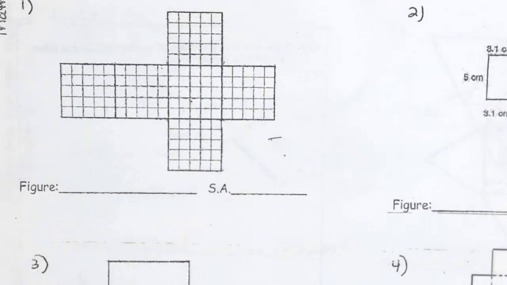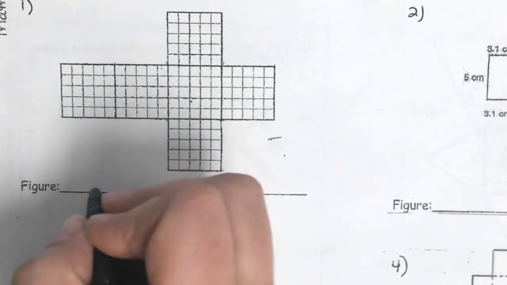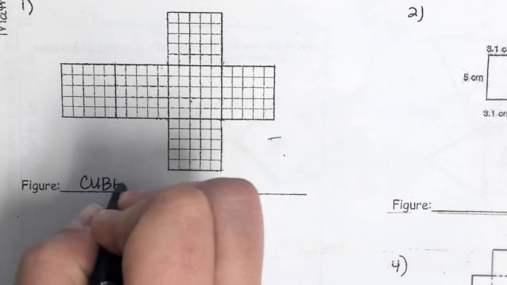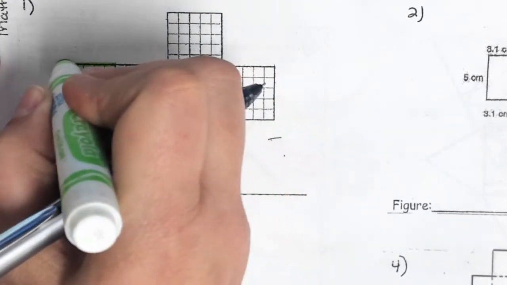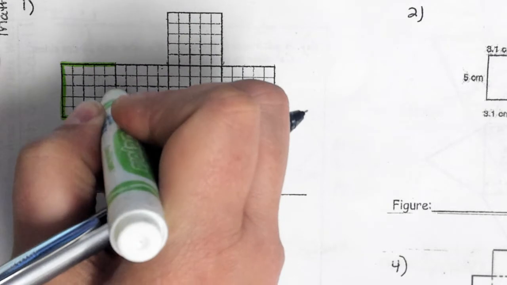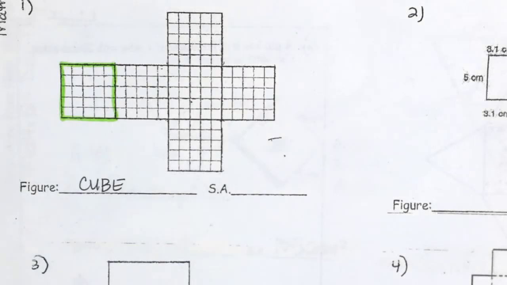Okay, looking at number 1, what type of shape is that? Cube. It's a cube. Now, I don't have any numbers on this shape, do I? No. But I do have a grid. And what do we know makes up a cube? Squares.